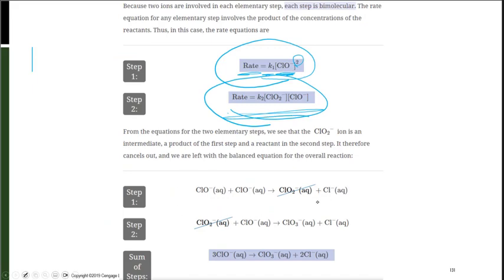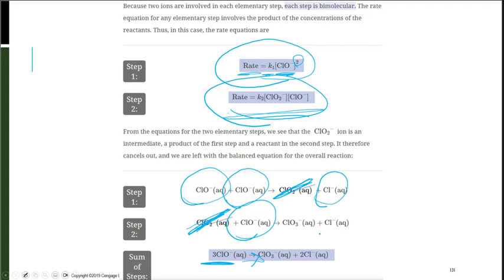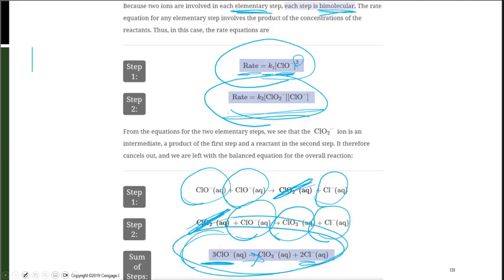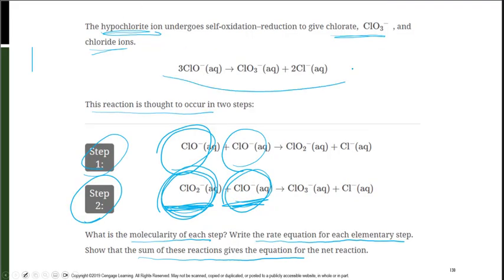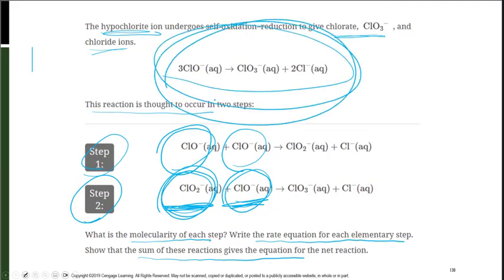And when I combine the two together, notice that the ClO2 minus is on both sides. Nothing else is going to cancel. I'm going to have ClO minus, ClO minus, ClO minus. So I have 3 ClO minuses, creating my chloride, so 2 chlorides, and a ClO3 minus. Both of my elementary steps were bimolecular, and the sum of both of those steps should be the same as this that I started with.